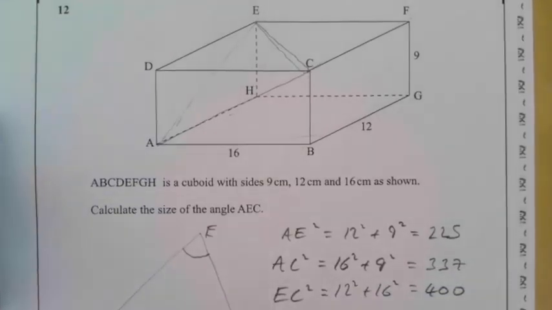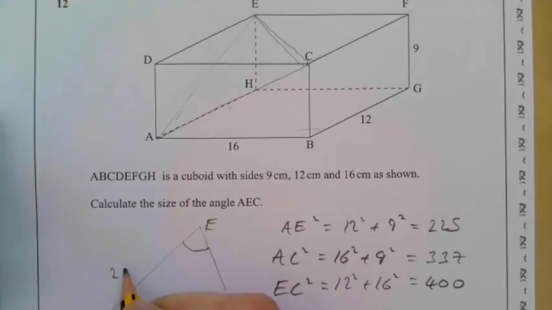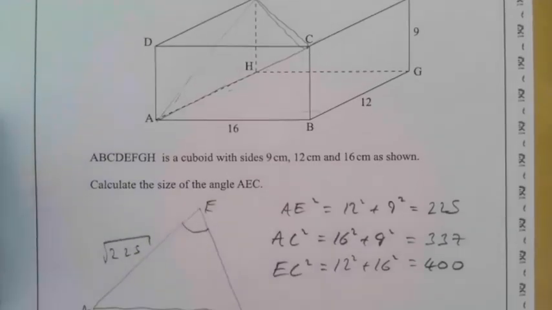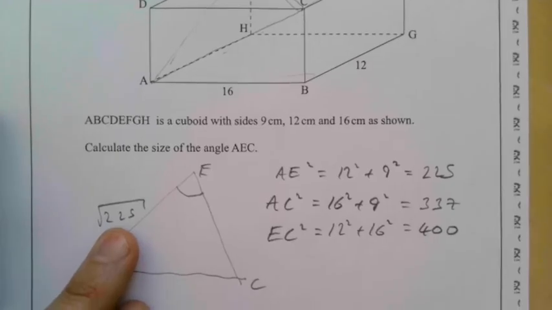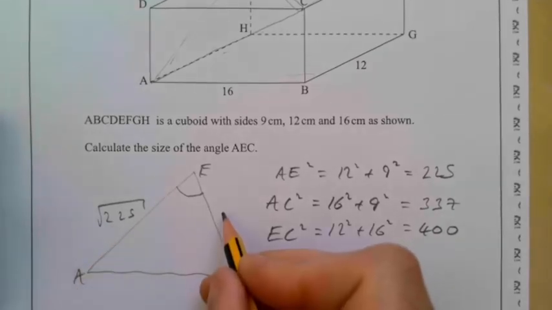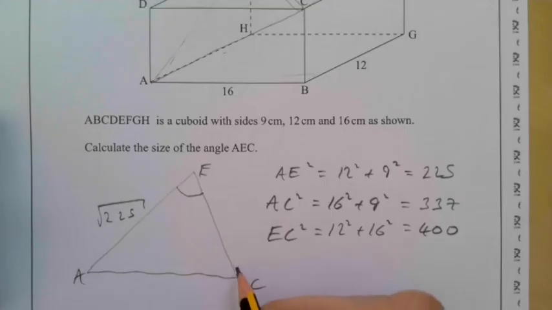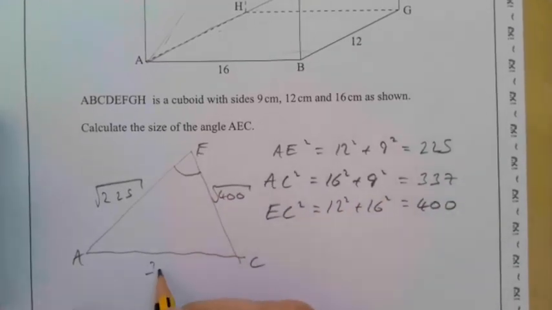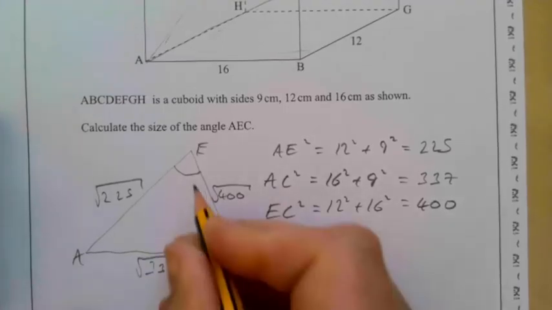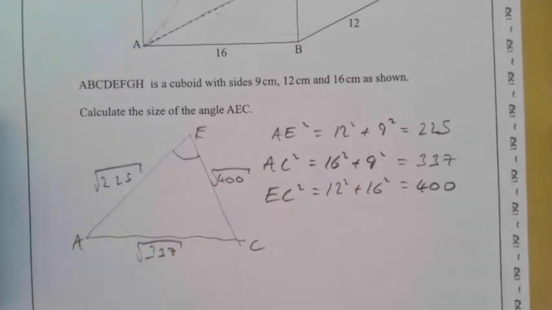So here we have AE, which is the square root of 225. I'm keeping it as this because the kind of numbers will be handier to deal with in just a wee second. EC is 400, and then this one is 337, and I'm now going to use the cosine rule, and I'm going to rearrange it to get it then to work for me.